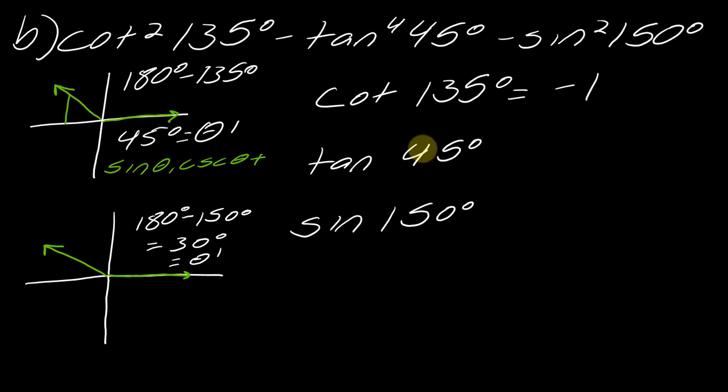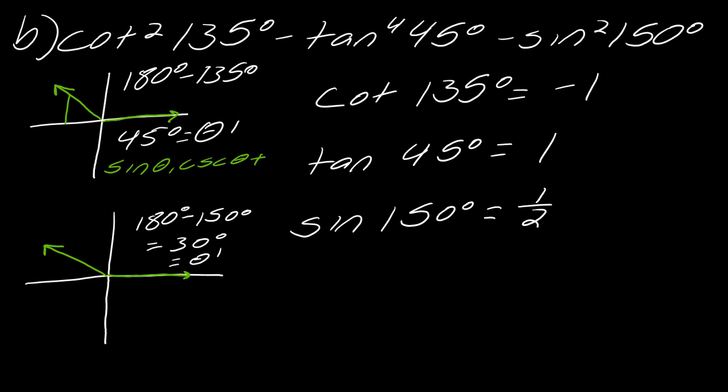Tangent of 45 degrees, since I'm in quadrant 1, that'll just be plain old 1. And then for sine of 150, I am in the second quadrant, so this will be positive, and this will be equal to 1/2.